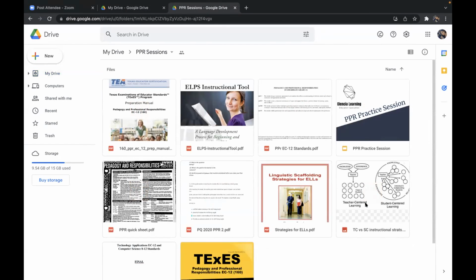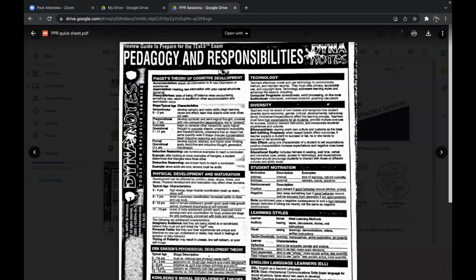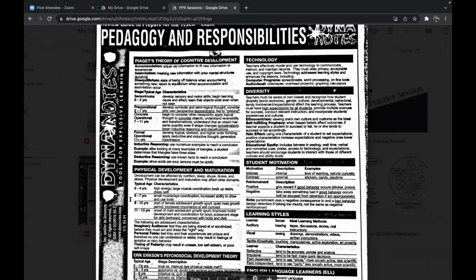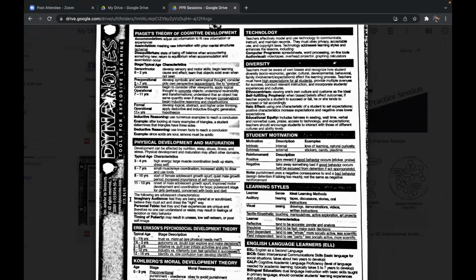Okay, so remember I was telling you in standard 1, there's all these theories. You have to know all those: cognitive theory, physical, psychosocial, moral, they're listed here.